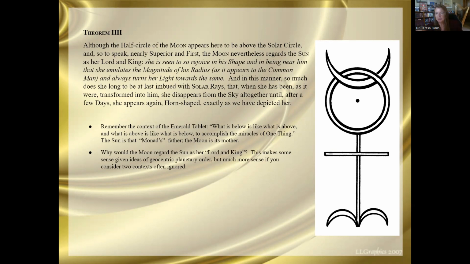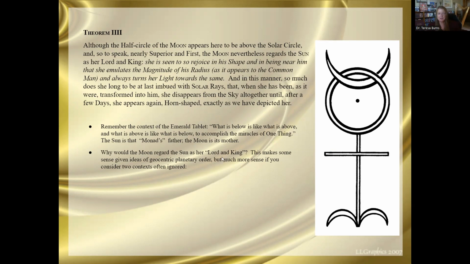One is an eclipse. That is, if you have a lunar eclipse, the moon covers the sun, but the other is at a new moon. The moon gets smaller and smaller, disappears, and then you have a new moon. So then she appears again, horn-shaped, exactly as we have depicted her. We'll come back to horn-shaped in a second.